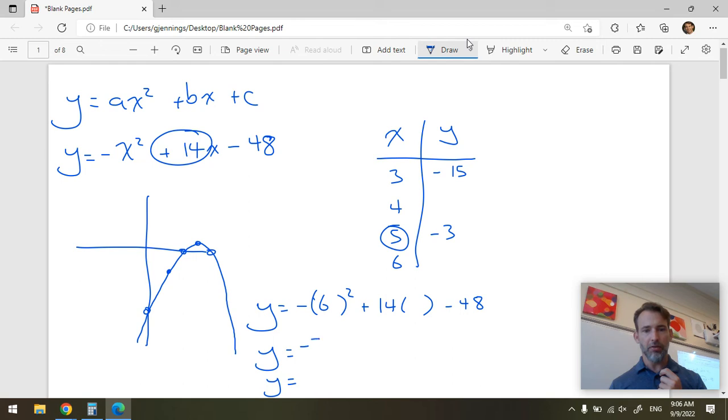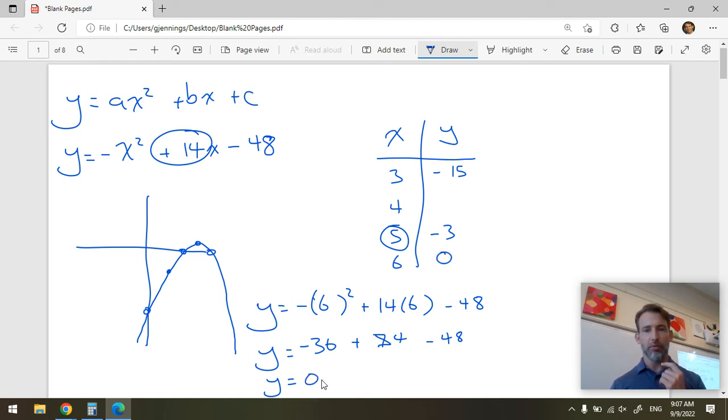When I substitute in 6 for x, I will find one of the roots. -6 squared, -36. 14 times 6 is, sorry, 84. 14 times 6, yes, that's 84. So negative 36 plus 84 minus 48 gives y is 0.